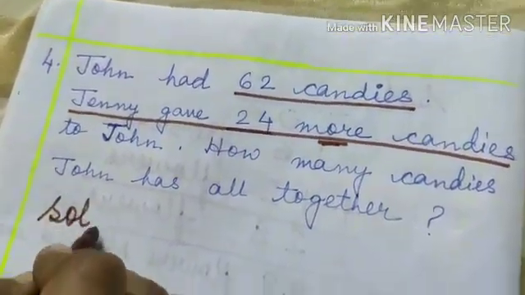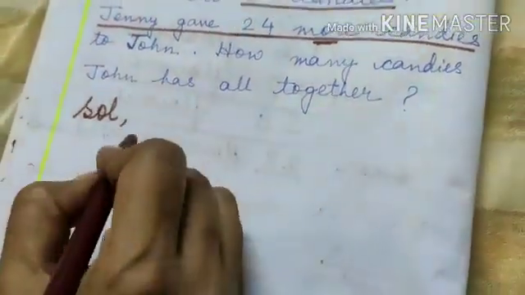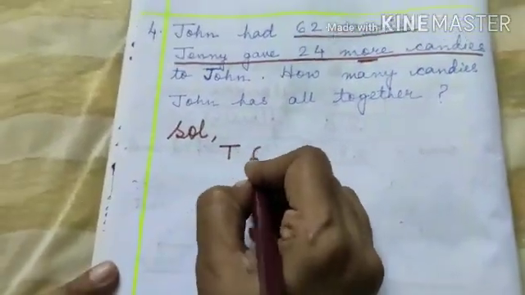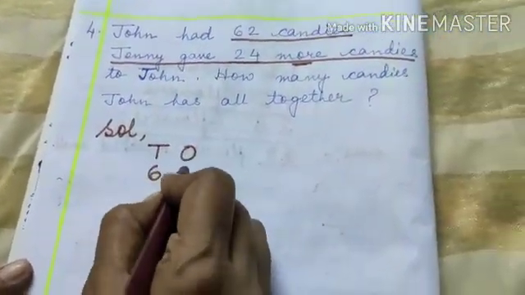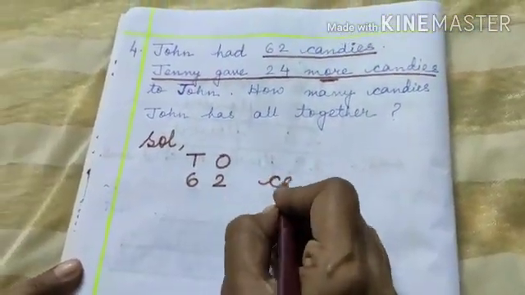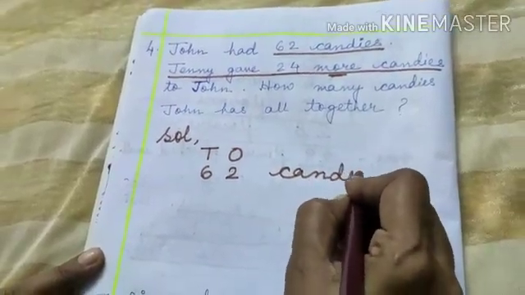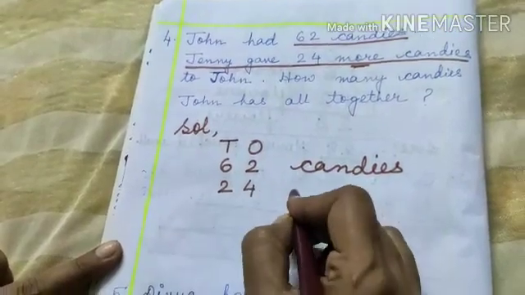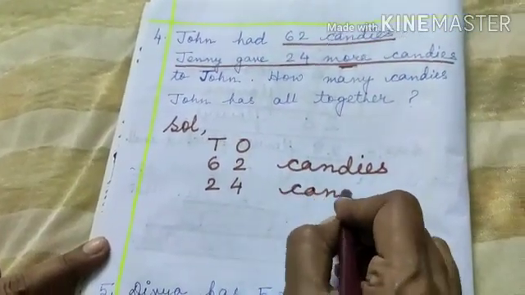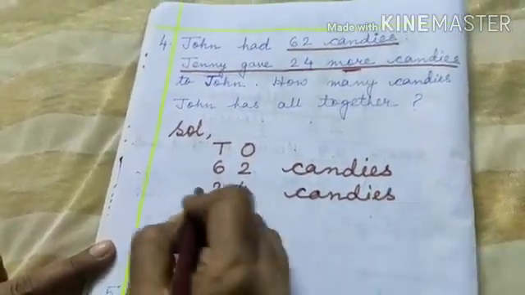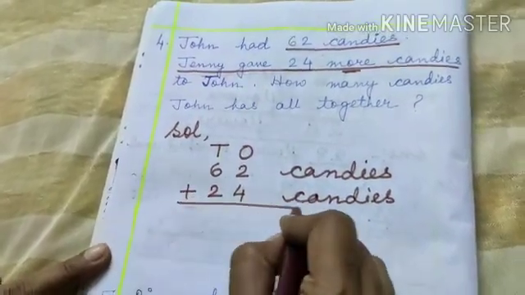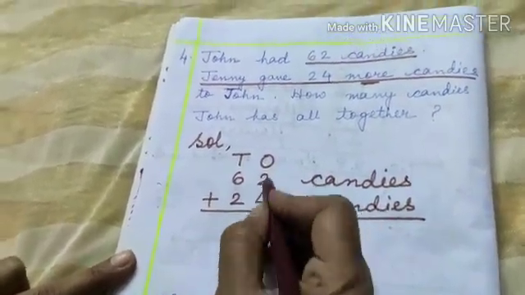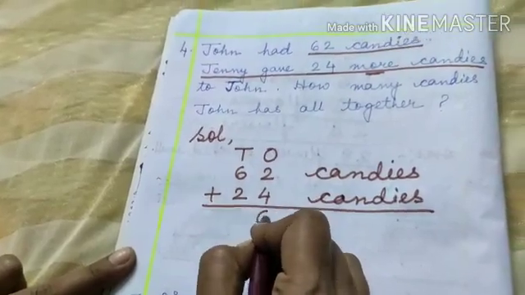Solution. Let us do it. 62 candies. Then again 24 candies. Now I will add it. 4 plus 2, 6.